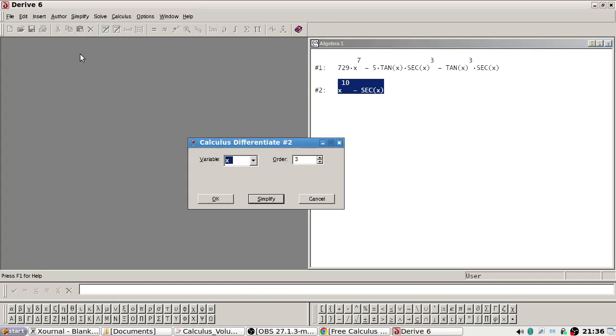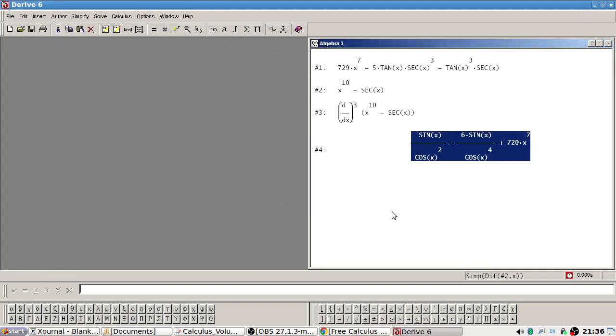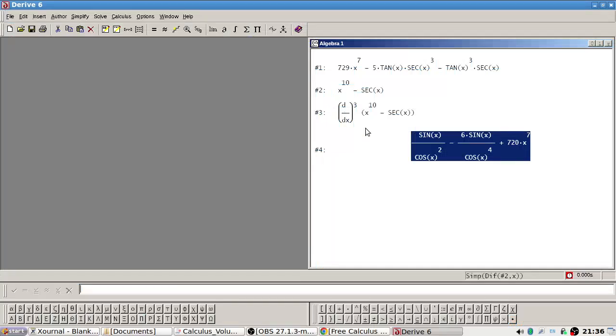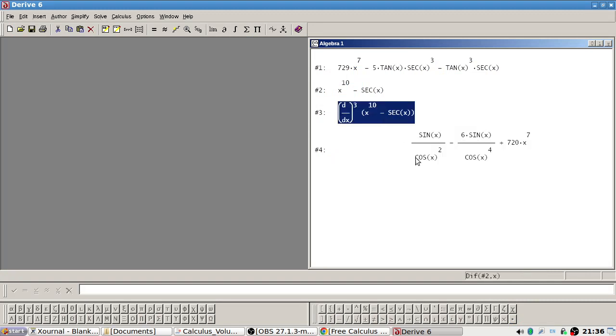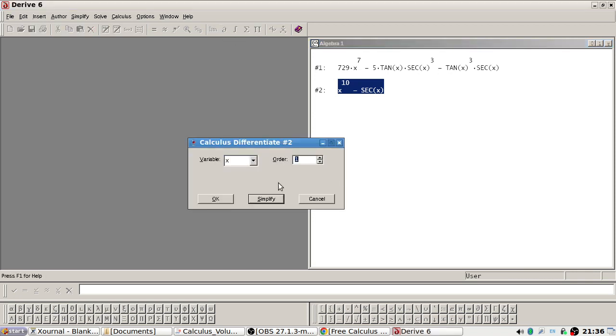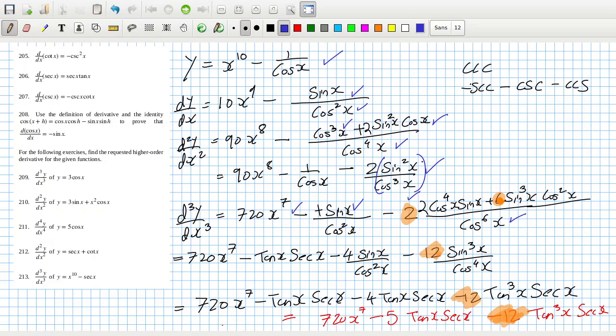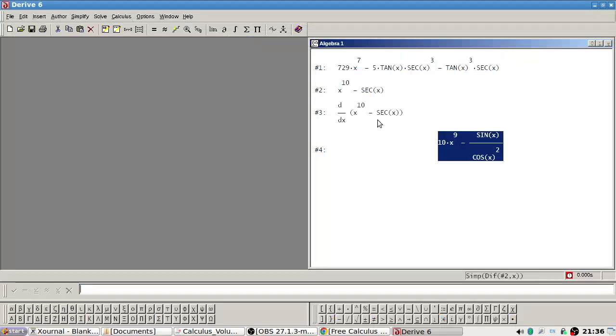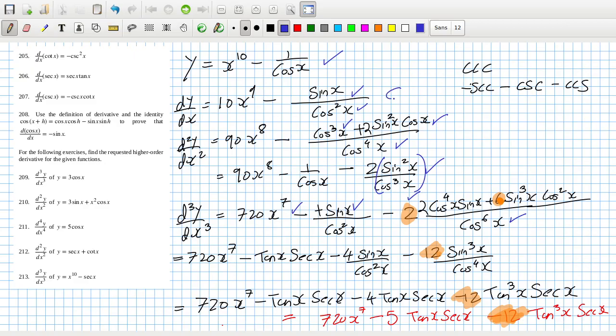Okay, one derivative. There's the 6 there. One derivative. Okay, let's check that. 10x^9 minus sine over cos squared. So we're okay to here.